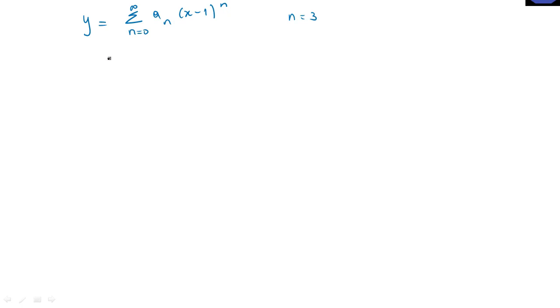So we have a0 (x minus 1) to the power 0 plus a1 (x minus 1) to the power 1, which is just x minus 1, plus a2 (x minus 1) squared plus a3 (x minus 1) cubed.